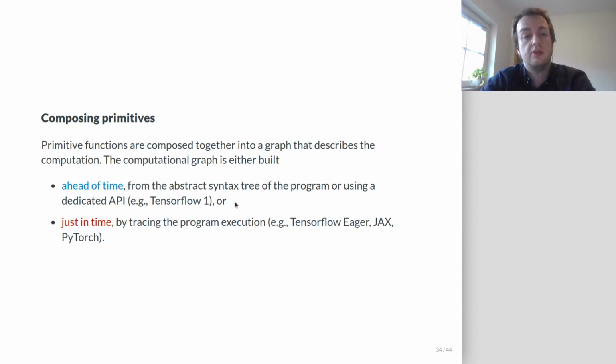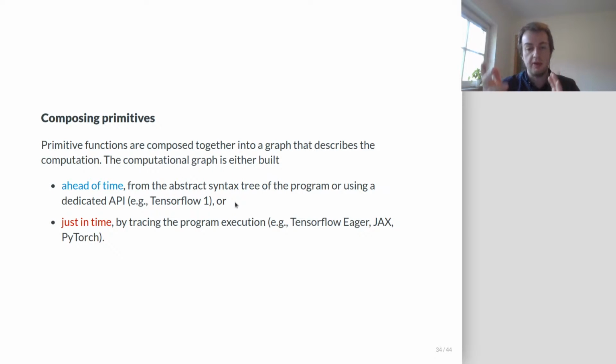Right? And so what happens is that the primitive functions that you use would be composed together into a graph that describes the computation. This is what you do when you write your Python code. You just compose together these primitive functions in order to compute what you want to compute.